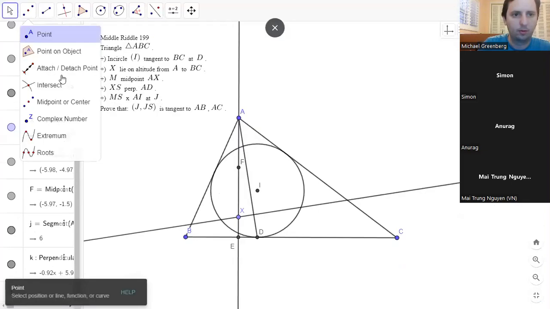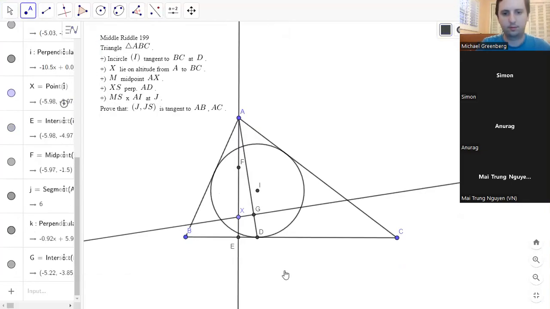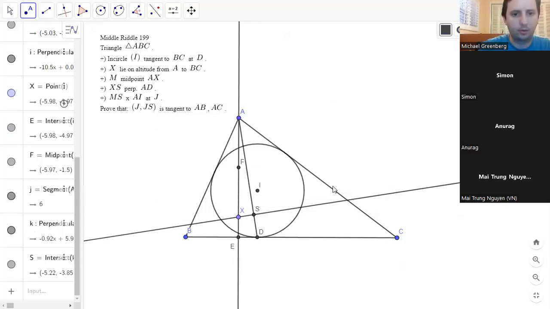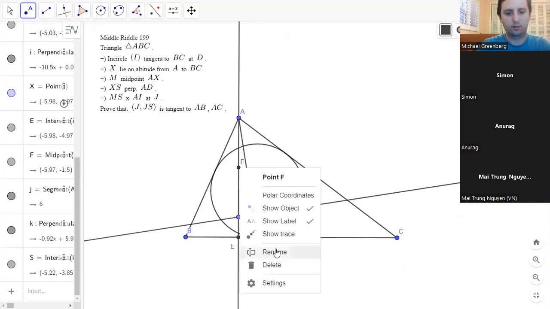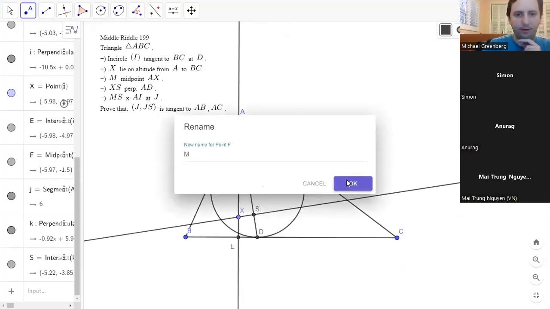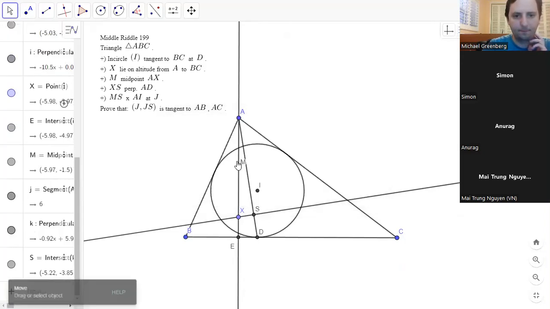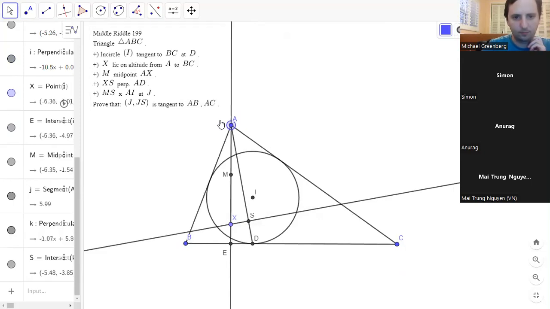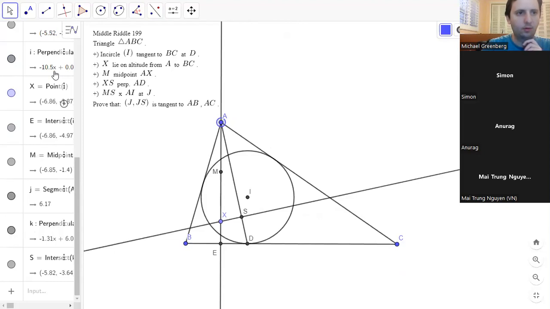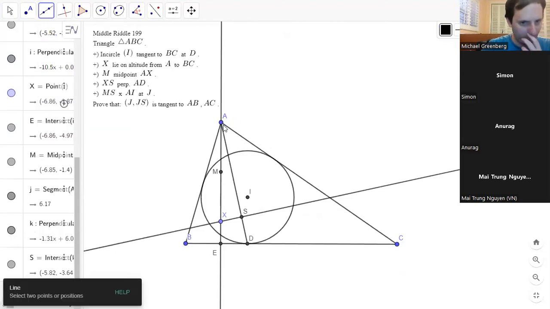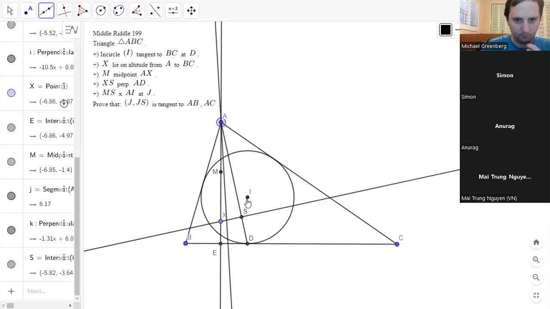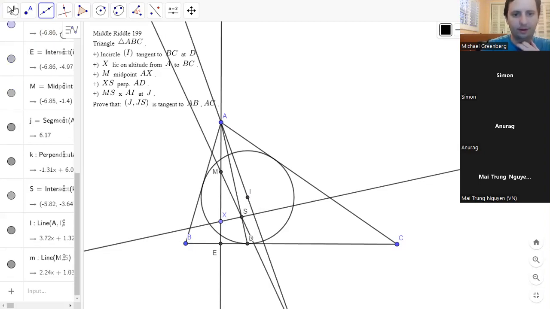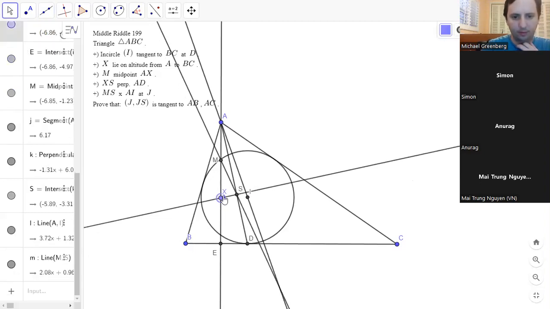There we go. Okay, so this is S. And M is the midpoint of AX. And MS intersects AI at J. So something like this. Oh, that's too far away. Maybe like that.